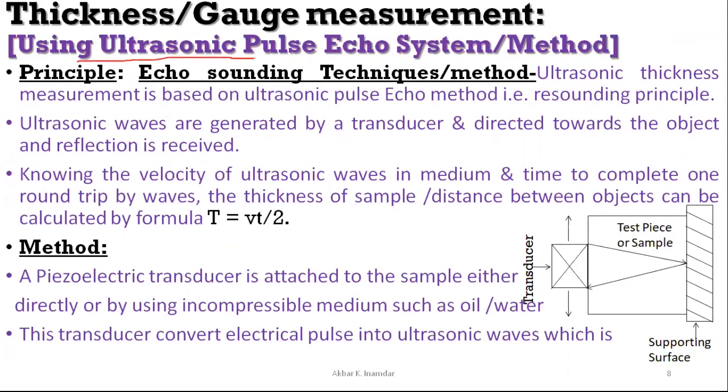By using the ultrasonic pulse echo or echo sounding technique. The simple principle used here is that this method is based on the echo sounding technique, or simply resounding. In this method, ultrasonic waves are generated by the transducer.